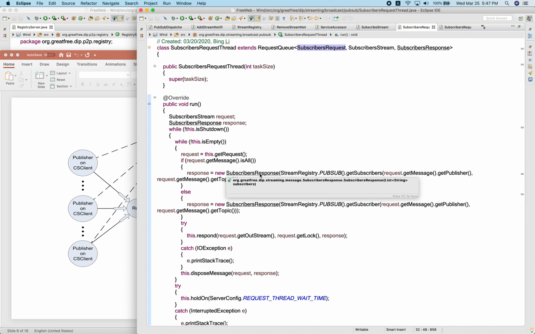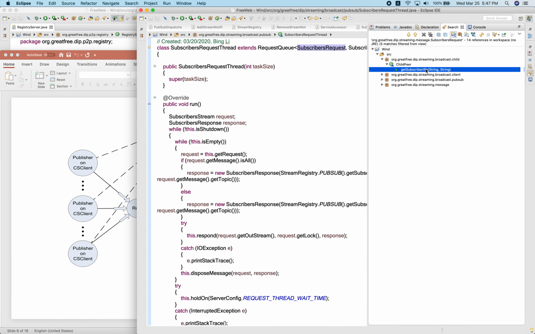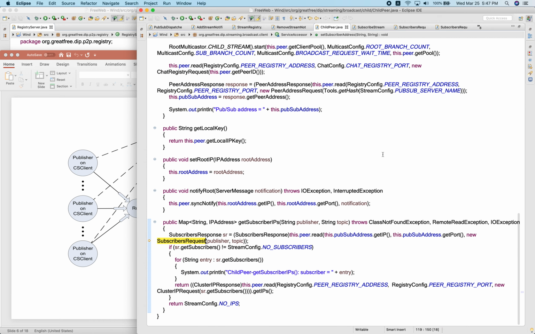Because the randomly selected child needs to know all the IP addresses of the subscribers. So if all the children and all the subscribers need to be selected, this request must be sent from the child. Let us take a look whether it's true or not, right?